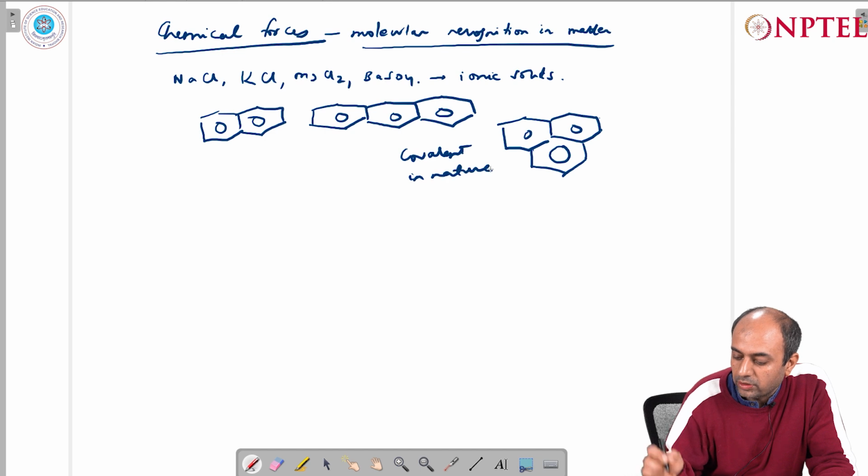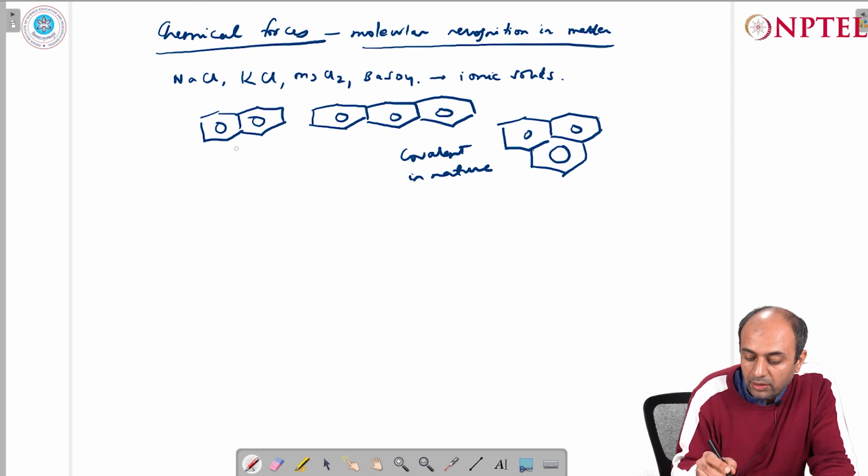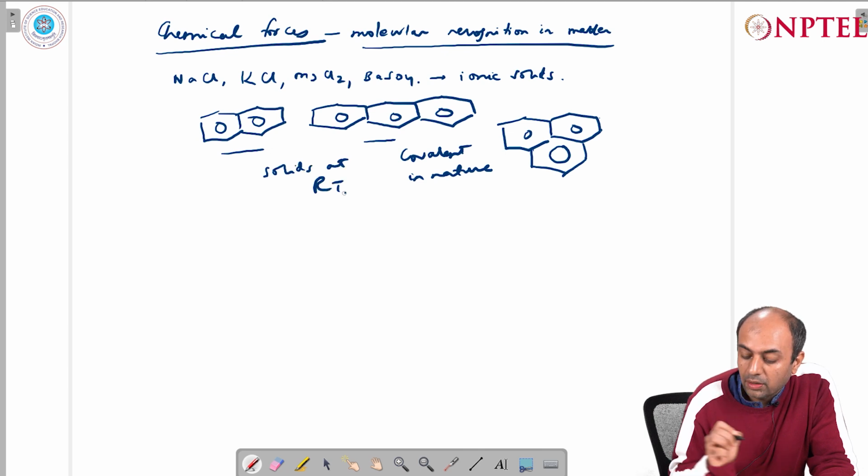These are covalent solids. And when these molecules interact with each other, for example, we know that anthracene as well as naphthalene, these are solids at room temperature, and these are essentially covalent in nature.